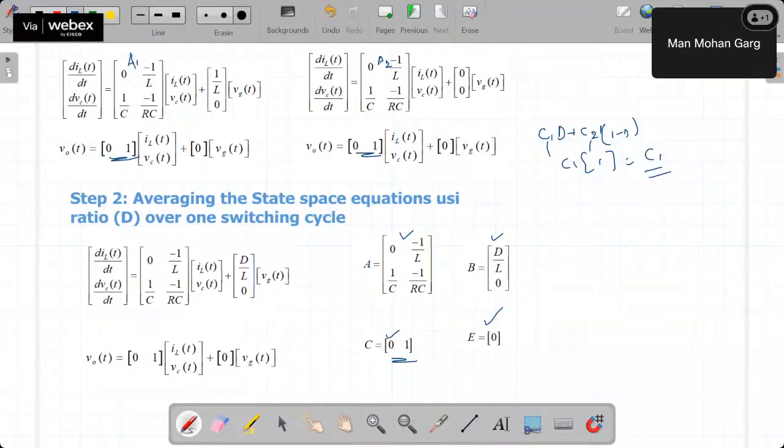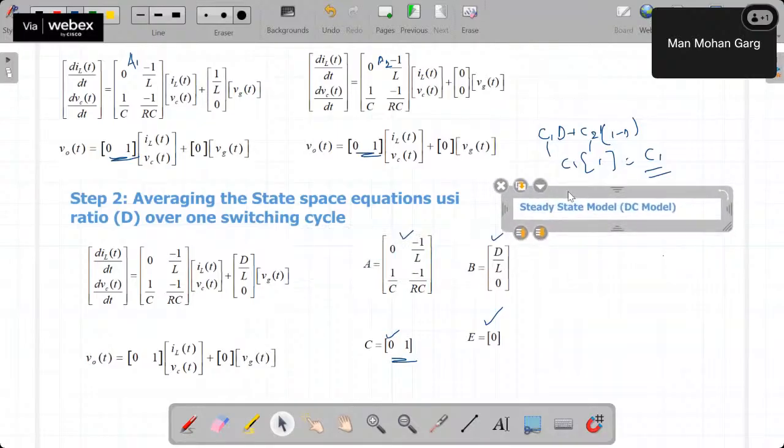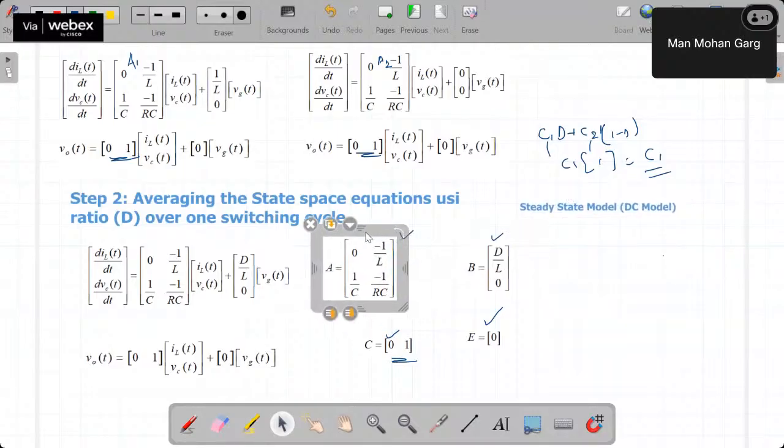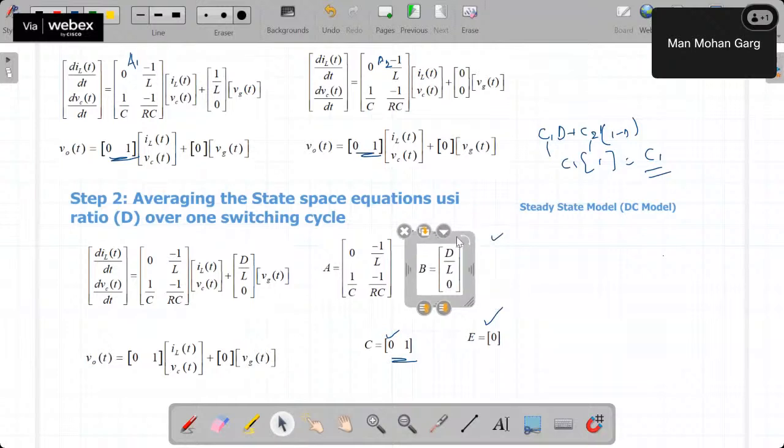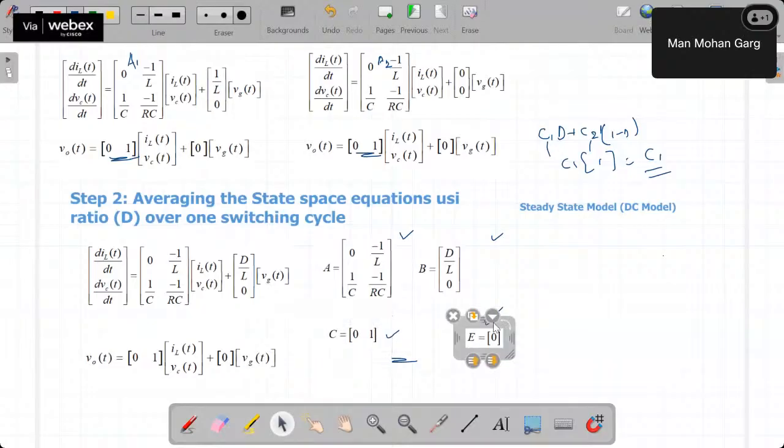To get the steady state model, let's see. I earlier preferred that I would write these things, but I think it is taking less time, so I am just pasting it from my slides only.